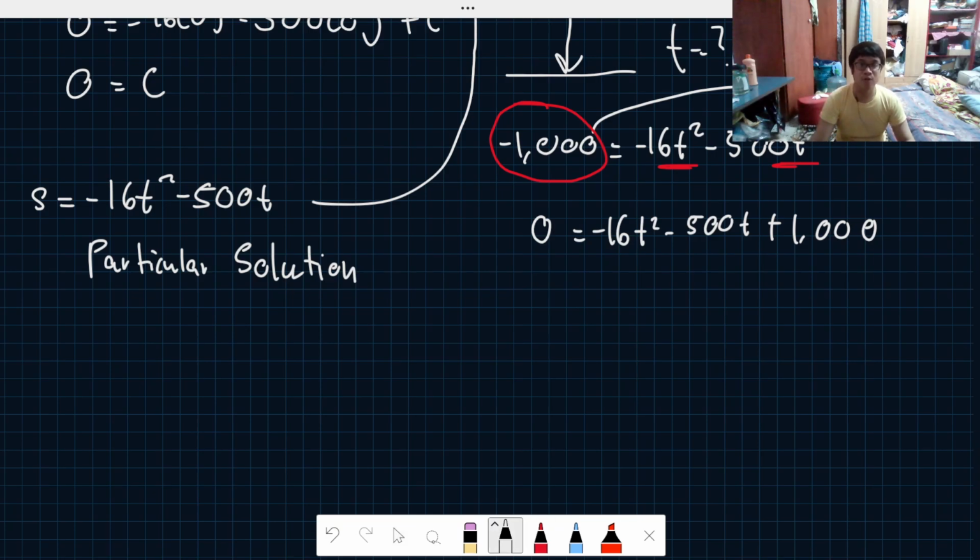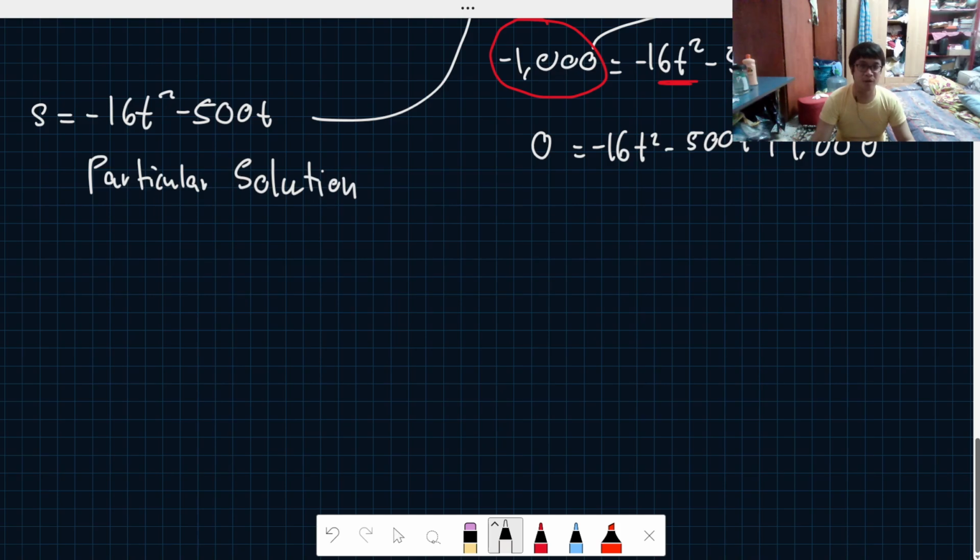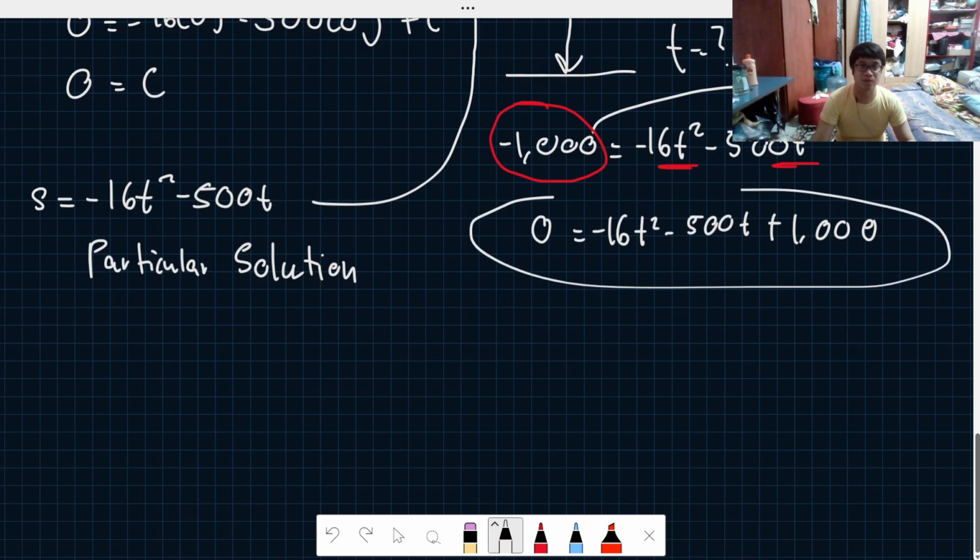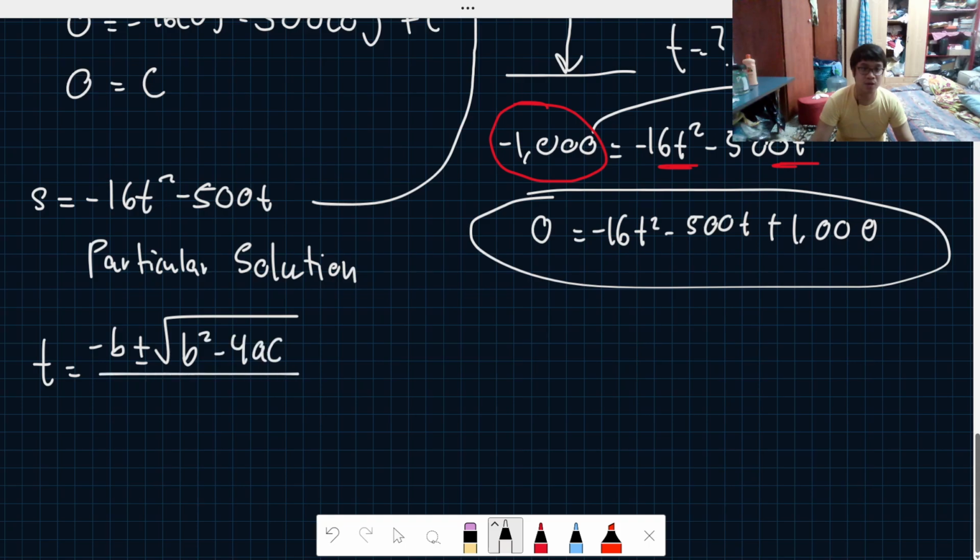For me, I'm going to use the quadratic formula to solve for the time here, because for me, that's the backup plan. Remember, the quadratic formula is negative b plus minus the square root of b squared minus 4ac, all over 2a.